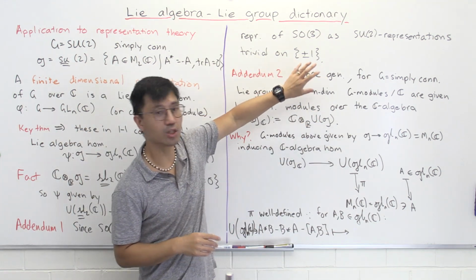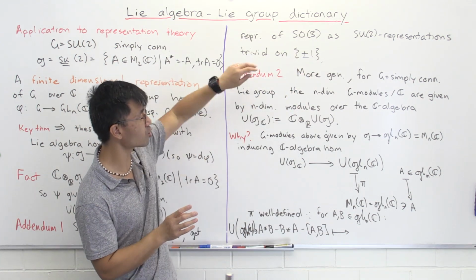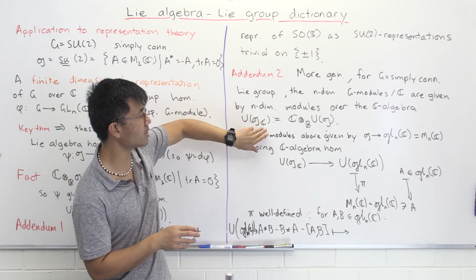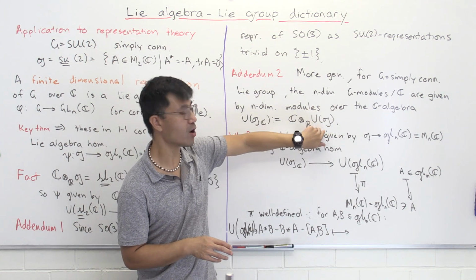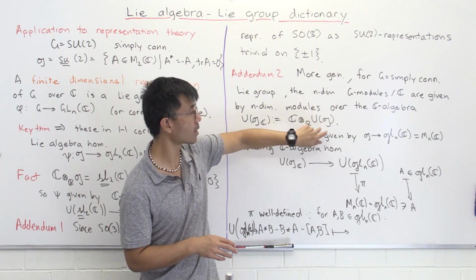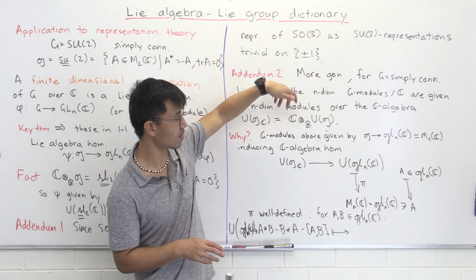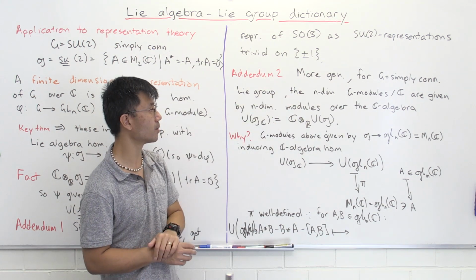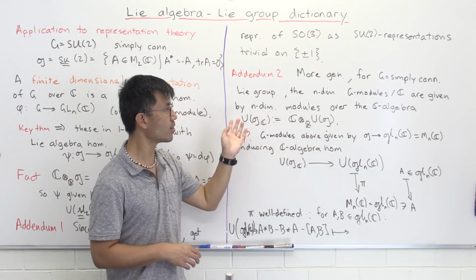Essentially you can just reduce that study to just modules, finite dimensional modules over the following universal enveloping algebra, U G subscript C, which I'm going to define to be, well, you look at this universal enveloping algebra U of G, and you just complexify. Okay, so you tensor this with C, so you get some C algebra that way. Okay, so this is rather nice.